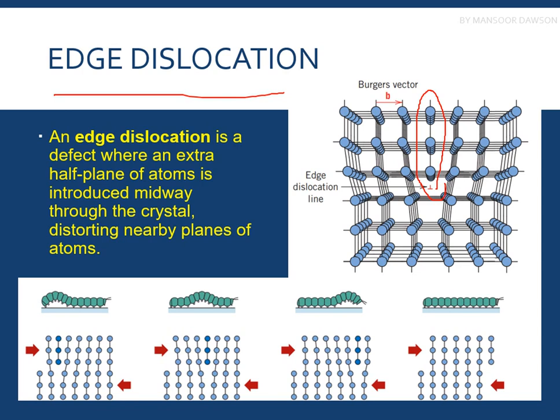The measurement of this is given by the Burgers vector. This caterpillar analogy clearly represents that this half plane is moving, and basically the dislocation is moving throughout the lattice, and finally the lattice is distorted again.